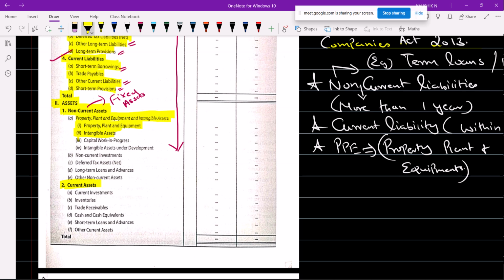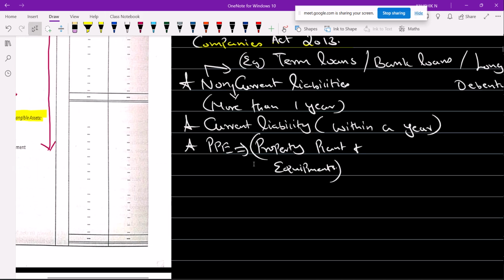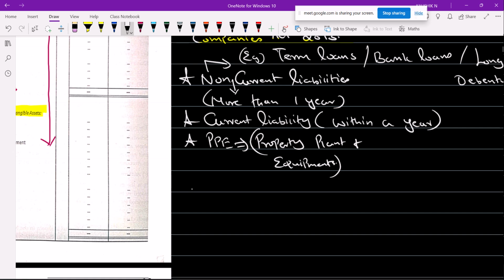The next one after this intangible asset is capital work in progress. Remember the equation we learned in grade 11. In grade 11, we learned something called the accounting equation.